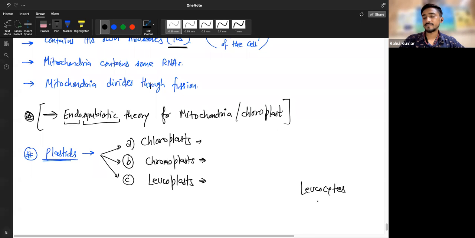Leukocytes. White blood cells are not white actually, it's a misnomer. But yes, the word there stands true. The word cyte is for cell. The word leuko is for colorless. Have you heard of this one disease called leukemia?